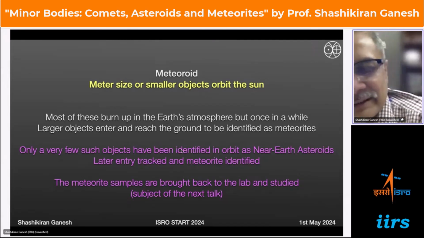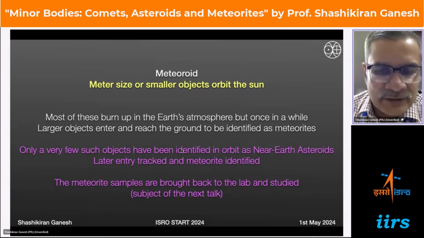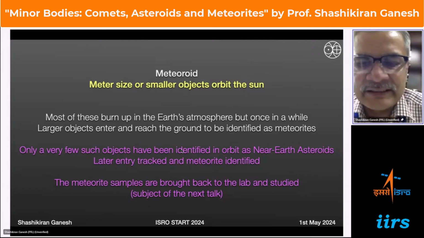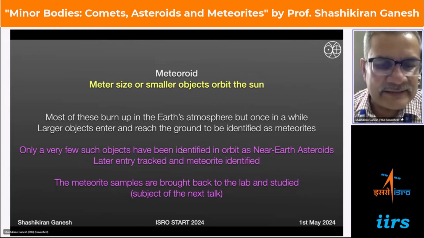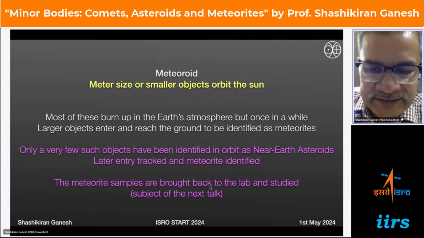People have actually gone and been able to identify them as they entered as a fireball. And in some cases, even meteorites have been collected from the site where they have fallen. So these meteorites, of course, are the subject of the next talk.